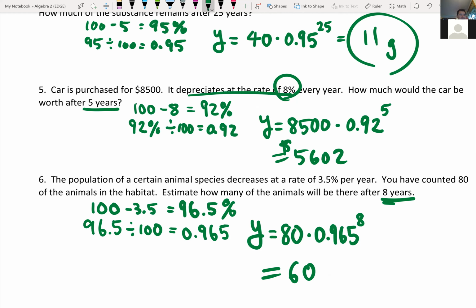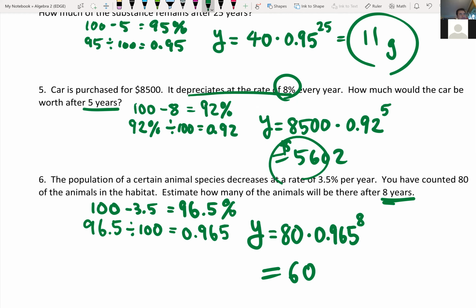Oh, it's 60. What did I say? 65? Oh, 56. I think I may have been looking over there. Okay, 60 species, 60 animals.